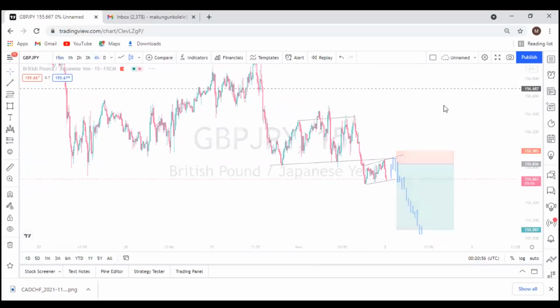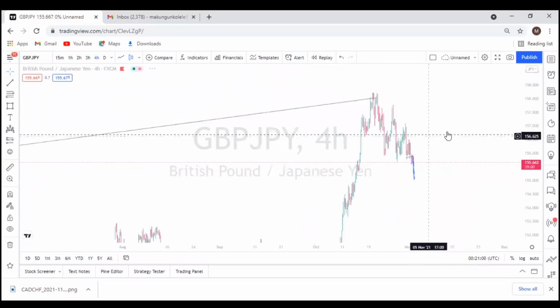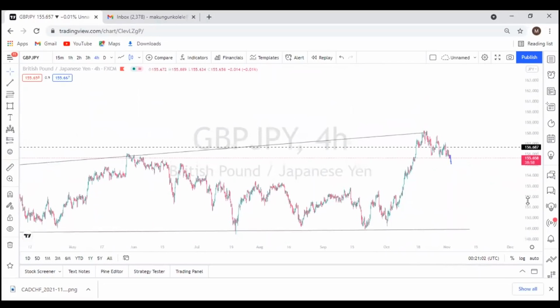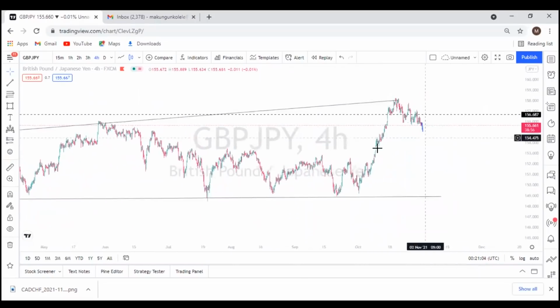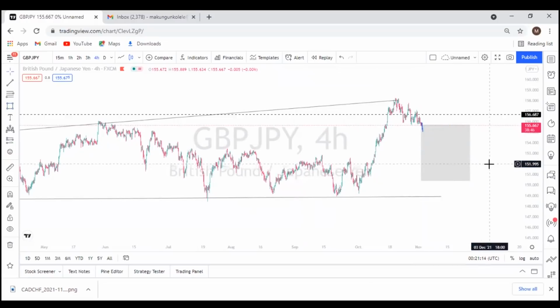Let me just scale back up to see the take profit. So we are working with a lot of space here. So this is where we're gonna take our trade. This is the amount of area that the price has to cover.